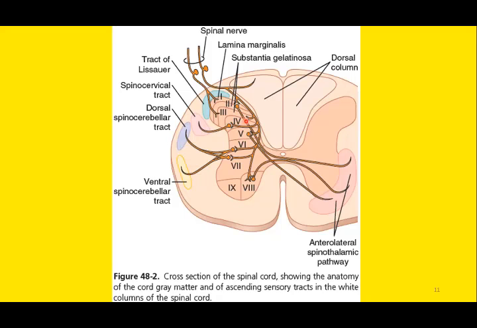And you can see different types of tracts, ascending pathways. Some of them remain ipsilateral, some of them cross to the opposite side like this through the anterior commissure. So these crossing fibers are the anterolateral pathways. They cross at the level of the spinal cord through the anterior commissure to the opposite side.